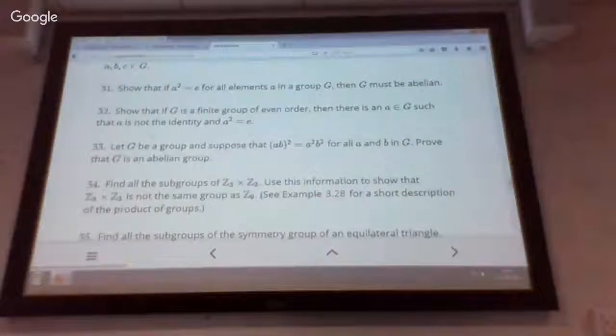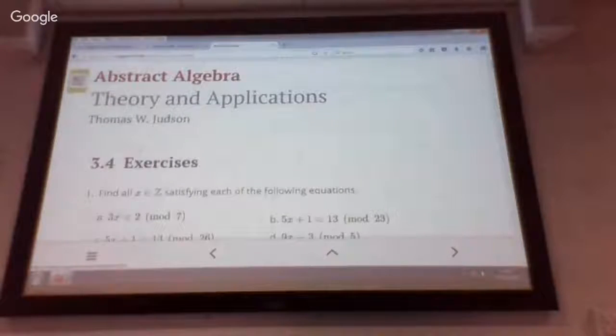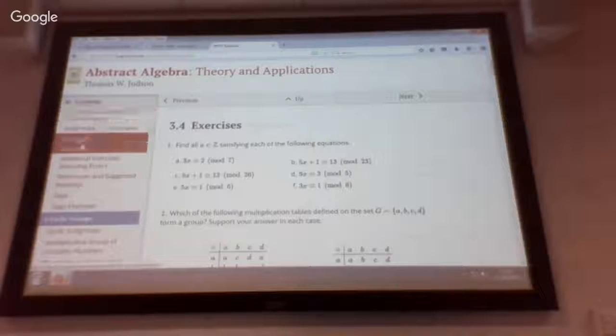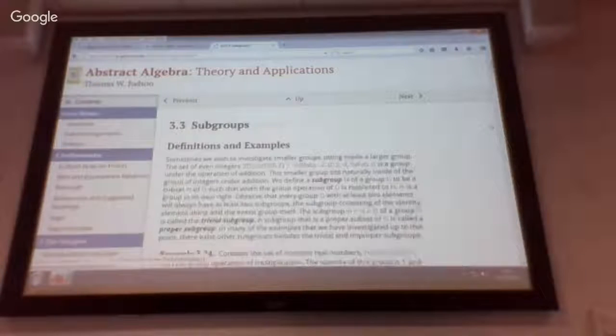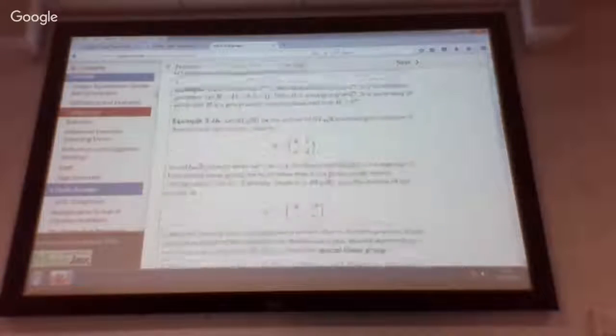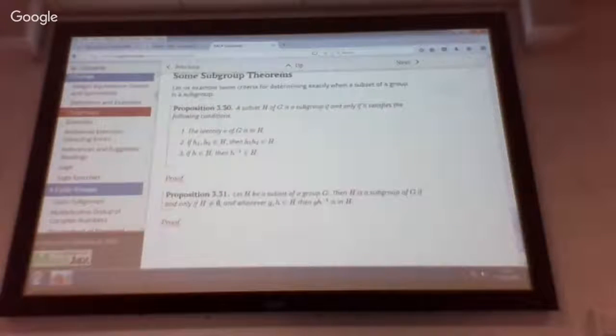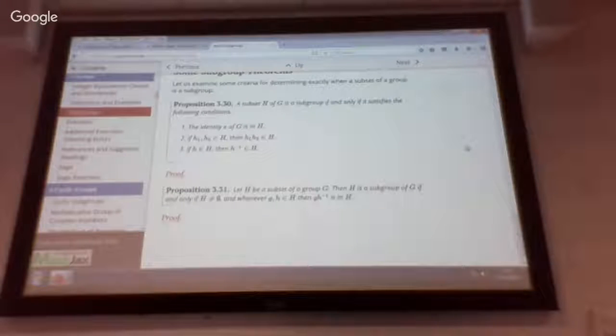Because the subgroup section ended with two propositions, which, if you like, give us ways of testing when things are subgroups. Remember, a subgroup is a subset of the group which acts as a little group itself under the operation.